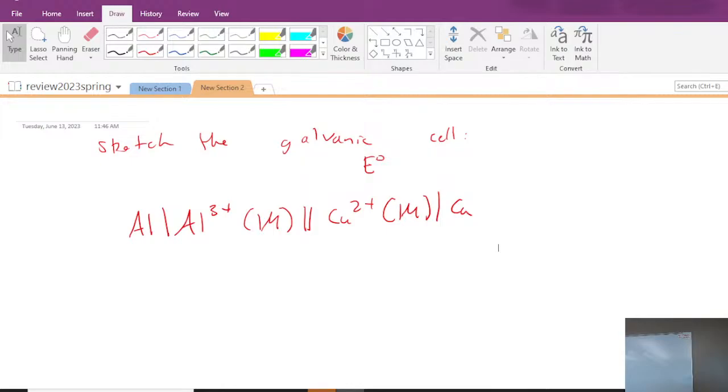Does anyone want to draw what they have for their galvanic cell? You can either do it up front or on the far wall too. Nice wall, either one.